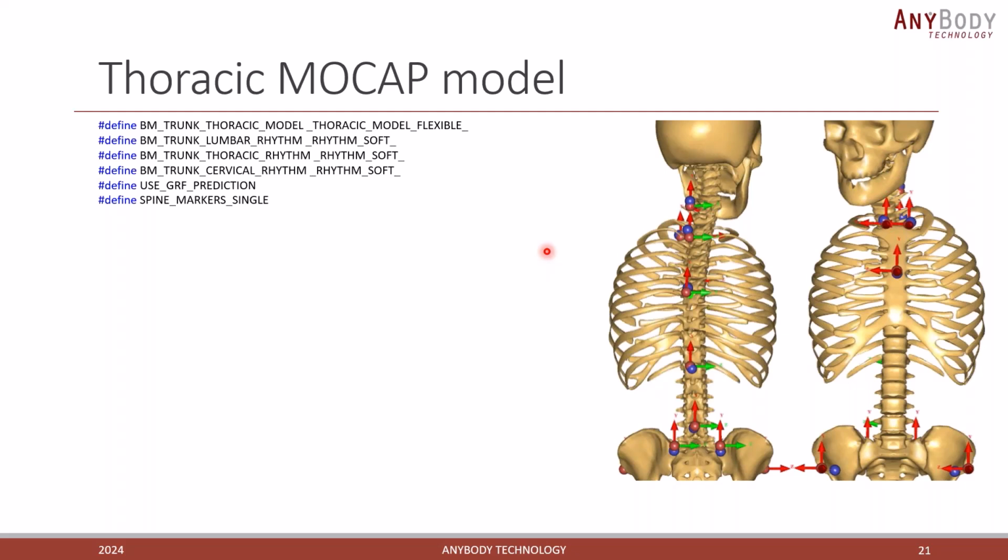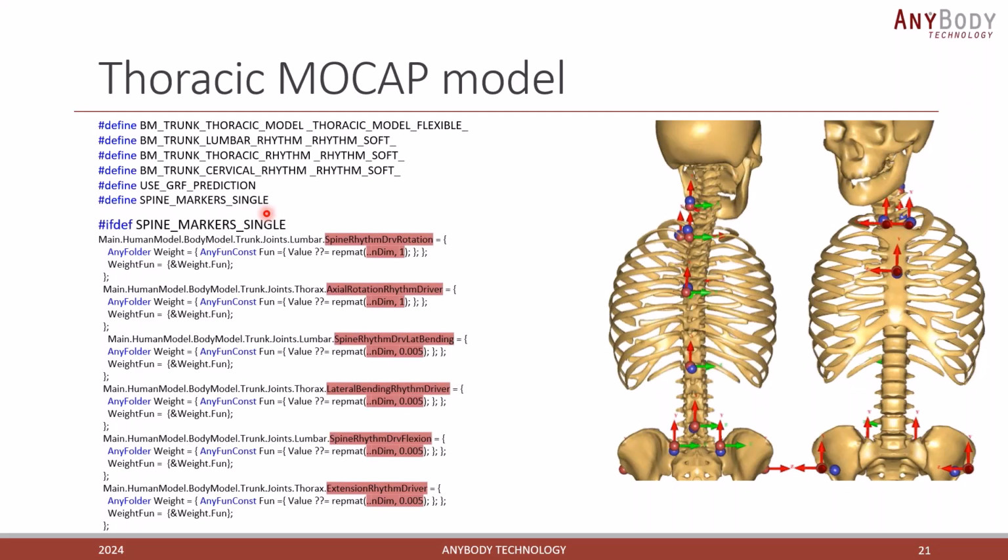So what is different here is that we need to define something like this, spine marker single. So this will enable this code, and this means that on the axial rotation, we have somehow big weights.